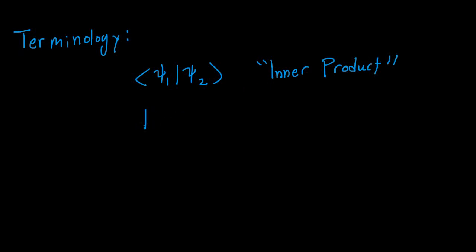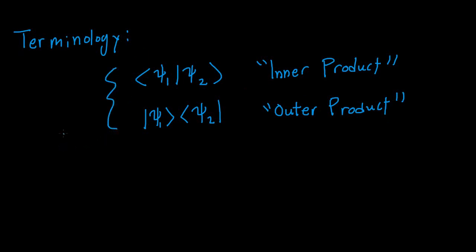Because this thing right here, what do you think this is called? All right, guess. It's called an outer product, which I find kind of nice, because these are facing inwards and these are facing outwards. And as a notation, I approve of this. I think that's pretty smart. So, inner product, outer product. That's all I wanted to say.